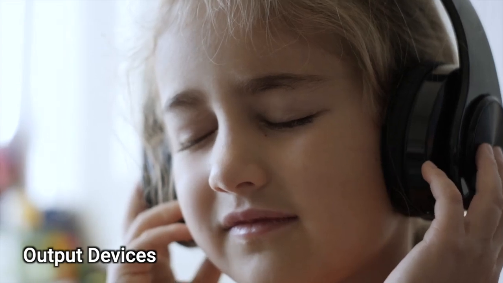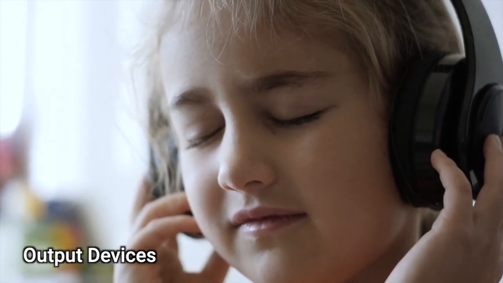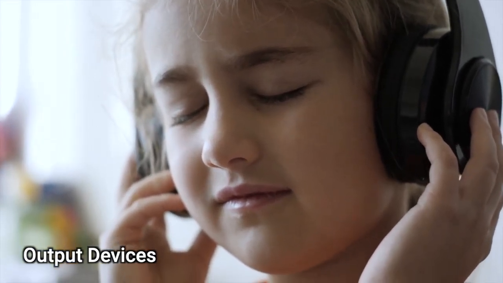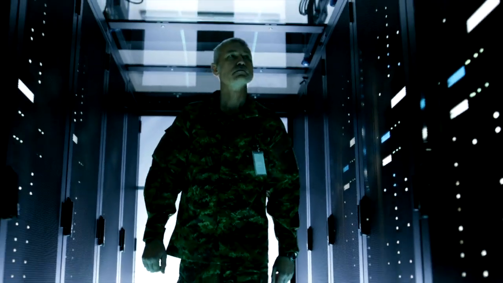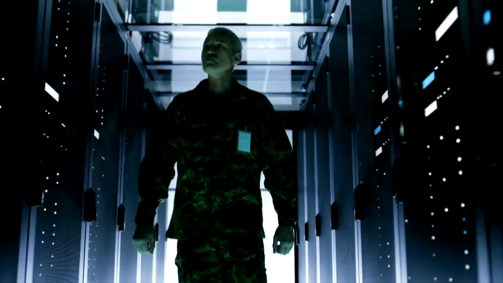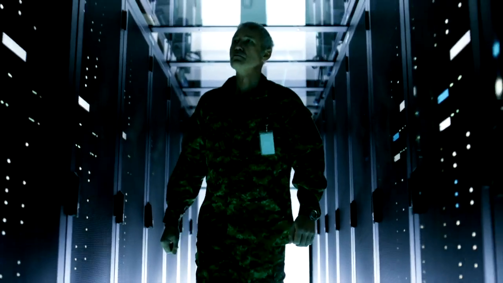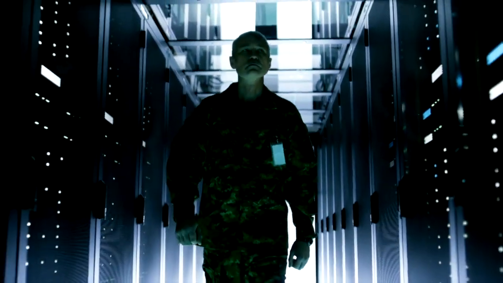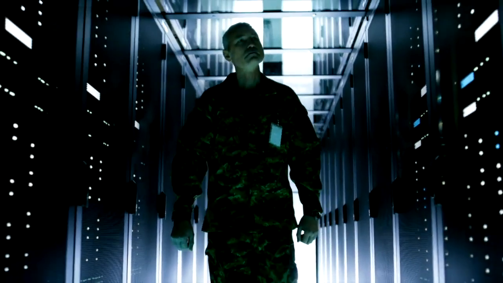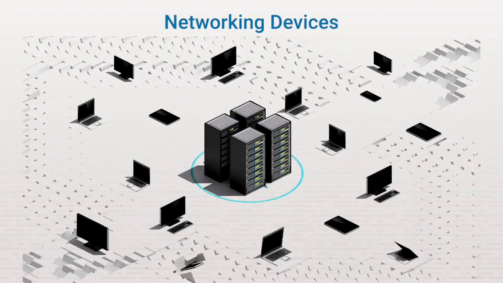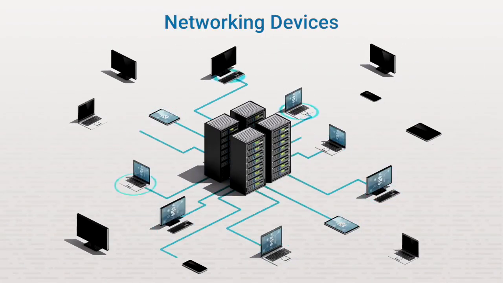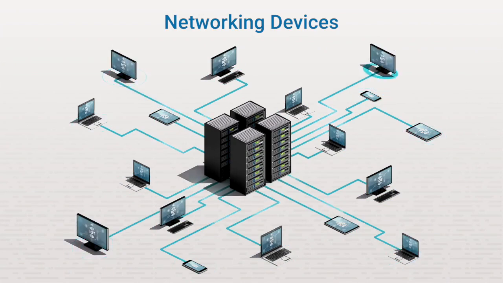Now, all the devices we've talked about so far communicate information within a single computer. However, there are other hardware components that allow information to be communicated between multiple computers. These are known as networking devices. Networking devices are used to create networks. A network is a group of two or more computers that are connected together. To create a network, a special interface is installed in a computer.